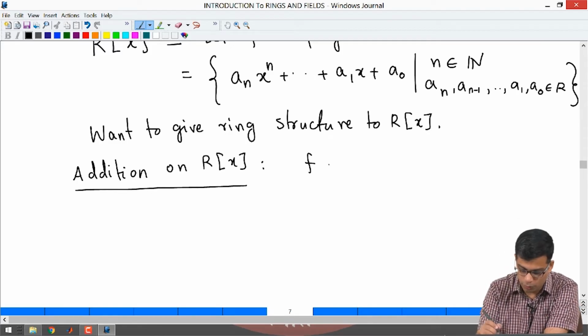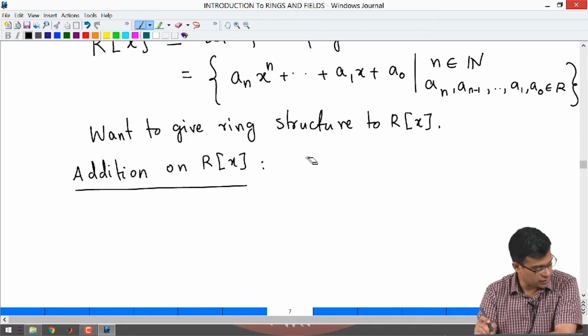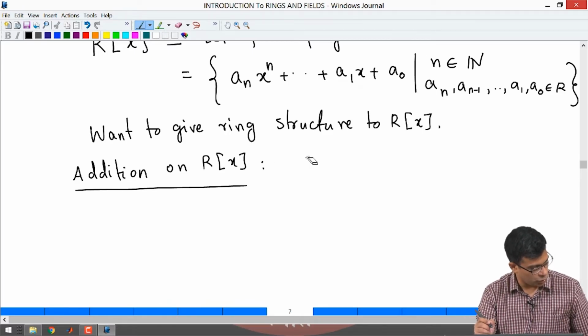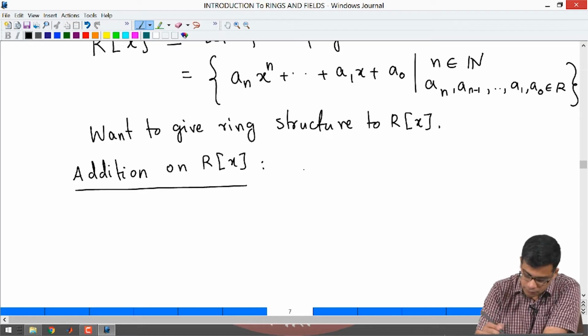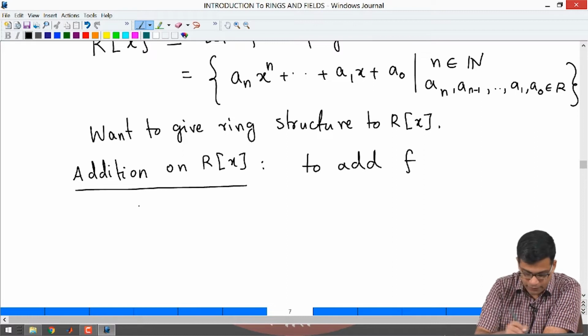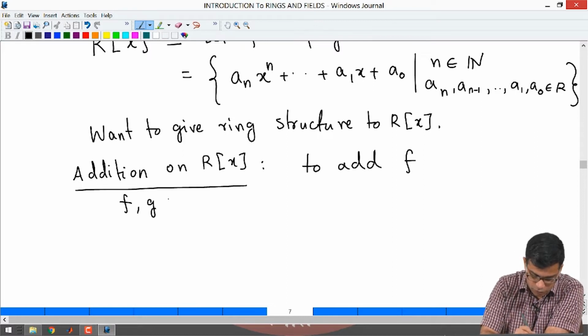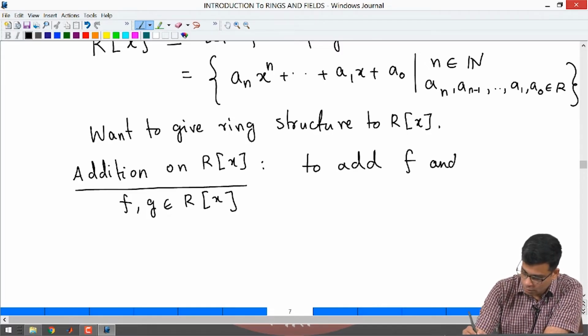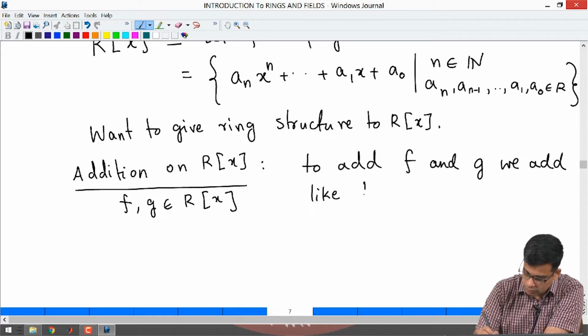So to add two polynomials, let us say f and g are elements of the polynomial ring, in other words they are polynomials. To add f and g, we add like terms.